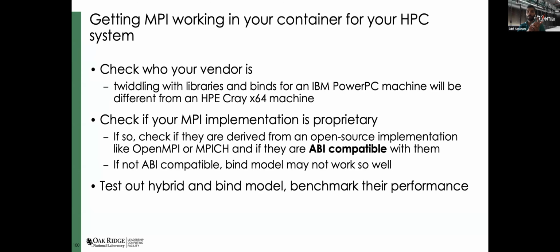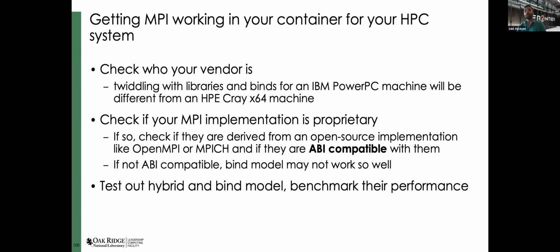I cannot speak for OpenMPI. I believe OpenMPI and mpich can work if you're running the hybrid model, but I have not super tested it with OpenMPI, and I've not tested between OpenMPI and Cray mpich or any other mpich, because it's easy enough to install mpich in our containers just as it is easy enough to install OpenMPI.